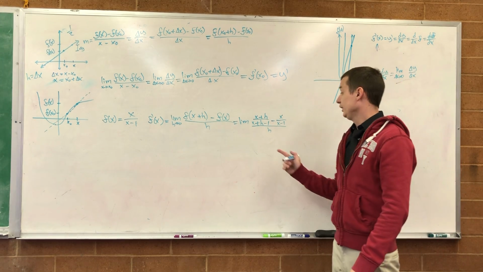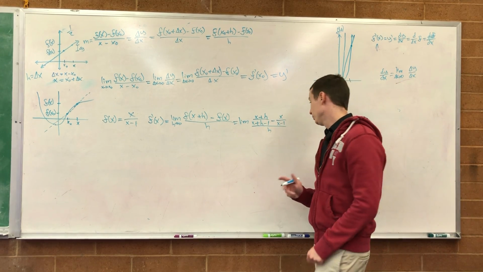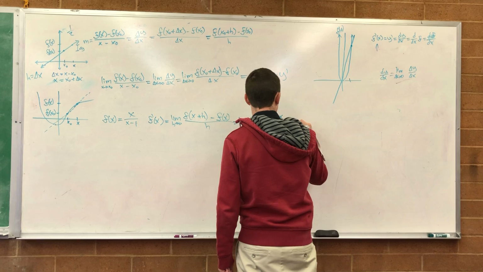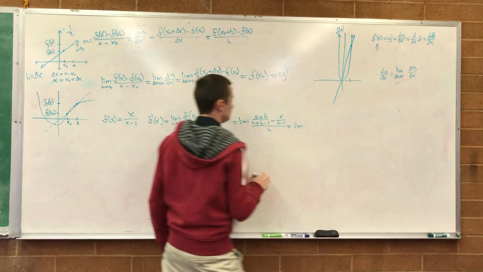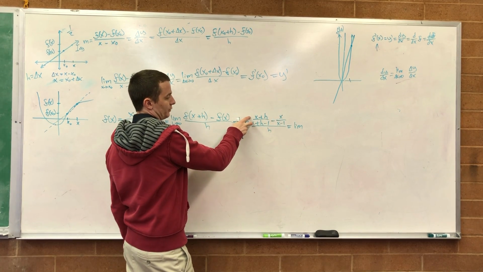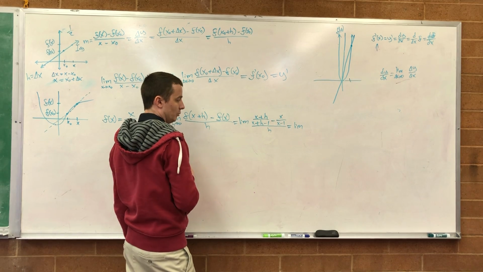Good. Okay, now I need to get the common denominator in the numerator. So this is equal to the limit of, I'm going to multiply this one top and bottom by x minus 1, this one top and bottom by x plus h minus 1.